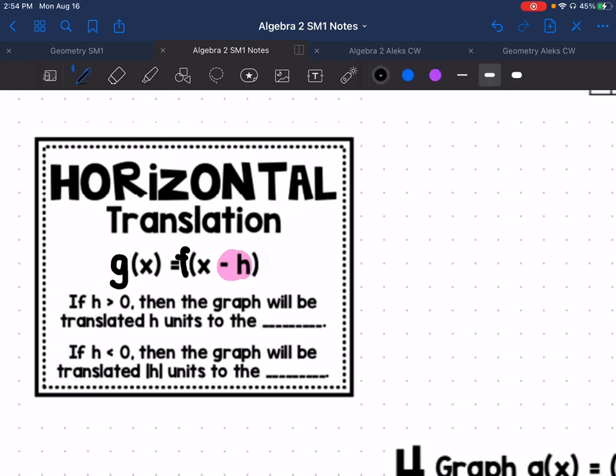If my h value is greater than 0, if it is positive, then my graph will move h units to the right. If my h value is less than 0, if it is negative, then my graph will be translated the absolute value of h units to the left.